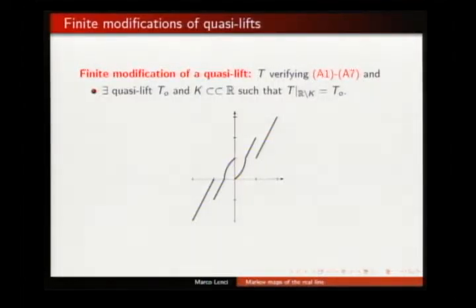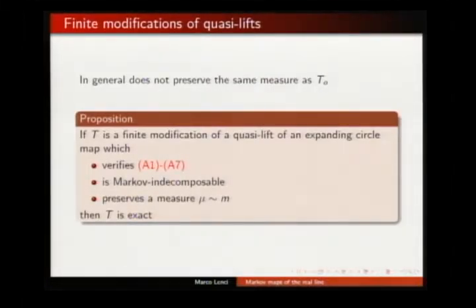You also want to ask that this map keeps verifying A1 and A7. It's easy to actually make a compact modification that destroys this thing. So you want to ask that these properties hold.